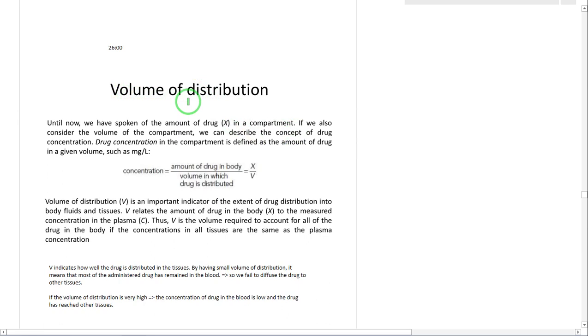Well, the amount of drug that we have applied, we know that a certain concentration of the drug is going to be in different organs. The larger the volume of that organ, the lower the concentration of the drug is.